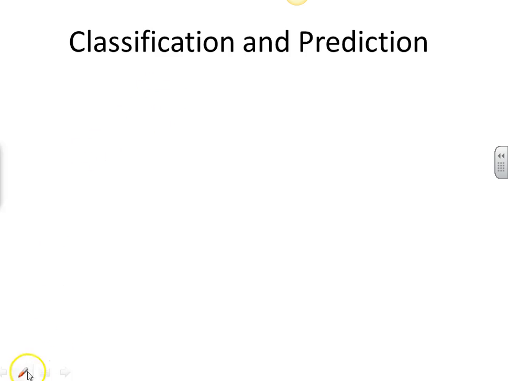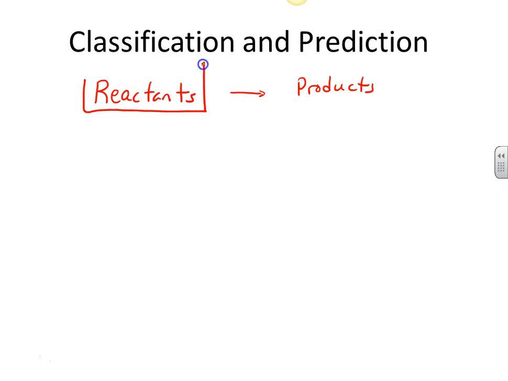Whenever we look at a chemical reaction, as we've said before, we have reactants, and those reactants react with one another and yield products. We're going to focus on this side and look at patterns that result from how reactants combine with one another, and we can use those patterns to predict the products of the chemical change.